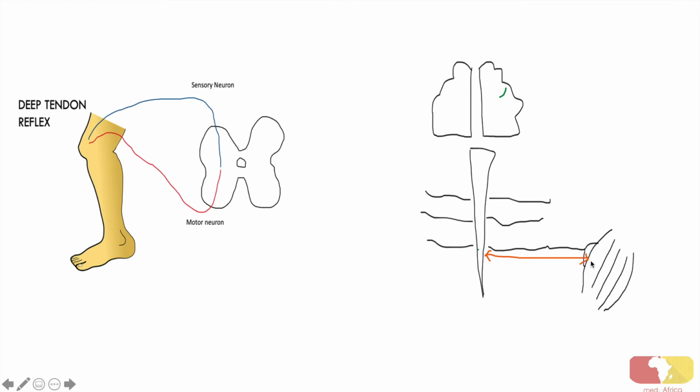So this part needs to be intact for you to have a normal reflex, but also this part in your central nervous system has to be intact. And you can get lesions in that part or in this part of the nervous system.